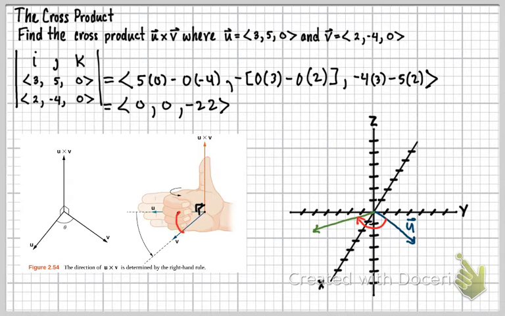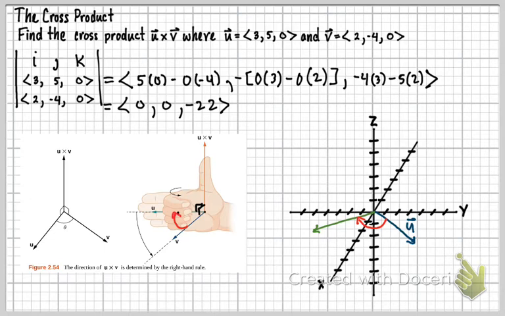But since, if I look at this picture in comparison to this right-hand rule idea, I'm actually going in a downward direction because my hand is curling in the opposite direction. So that means it would be pointing downward.